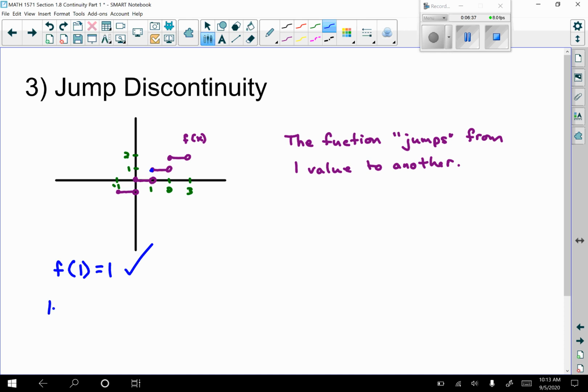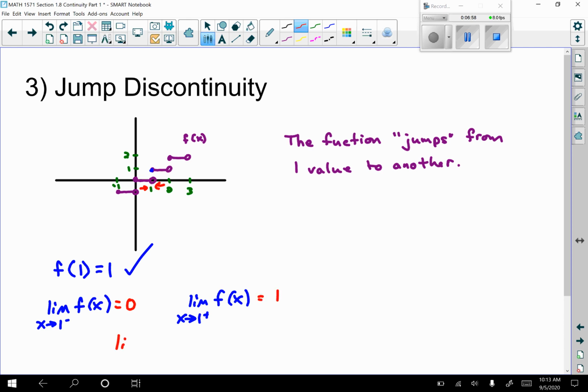However, it's the limit. So if I were to look at the limit of f of x as x approaches 1 from the left, and then the limit of f of x as x approaches 1 from the right, what am I looking at here? As I'm approaching 1 from the left, that's equal to 0. If I'm approaching 1 from the right, that's equal to 1.